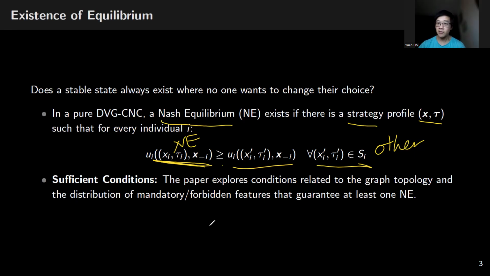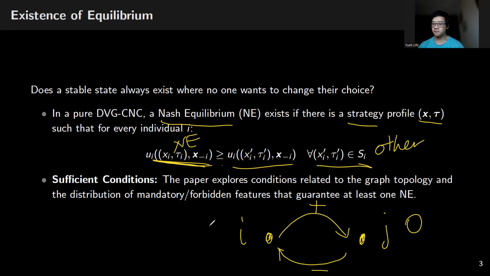I can give you a very toy example of what a Nash equilibrium can be like. Let's say we have two individuals, I and J, where I is a friend to J and J is an enemy to I. Let's say J chooses 0.